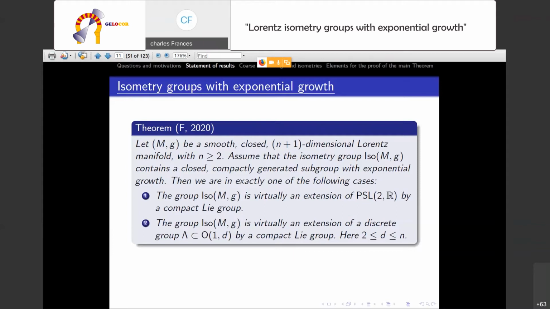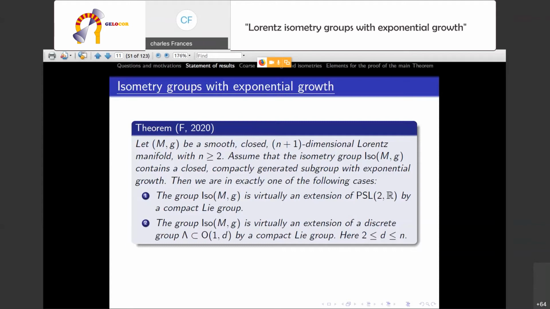So let's see some examples. You can deduce from the theorem, for instance, that the group F2 cross Z, so F2 is again the free group in two generators, or the group generated by two elements A, B with this relation. So geometrically, you can think of the second group as a subgroup of affine transformations of the line generated by multiplication by 2, which will be A, and addition by 1, which will be B. Okay, it's a solvable group.